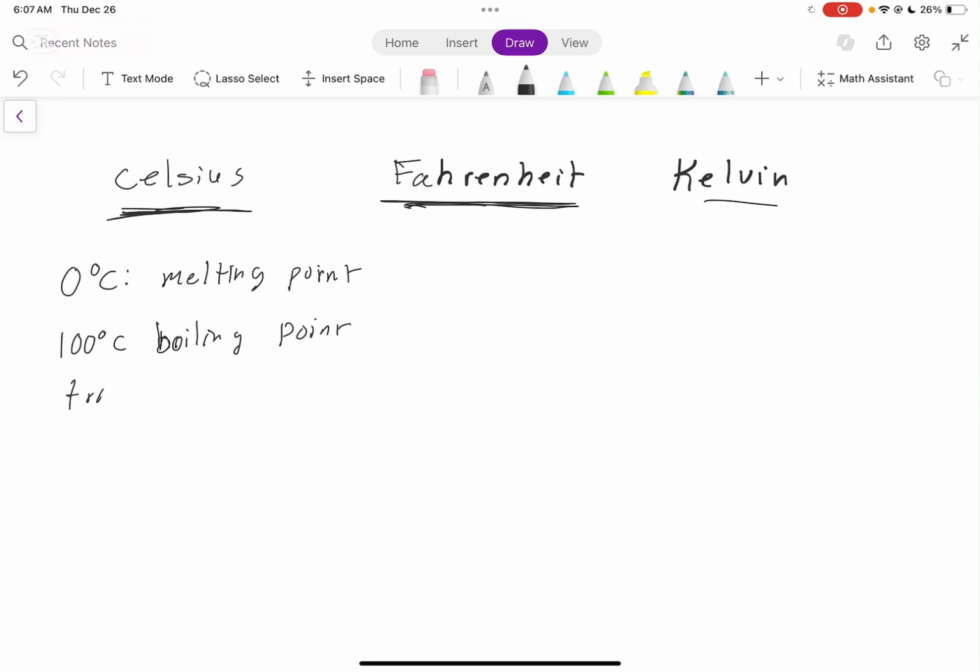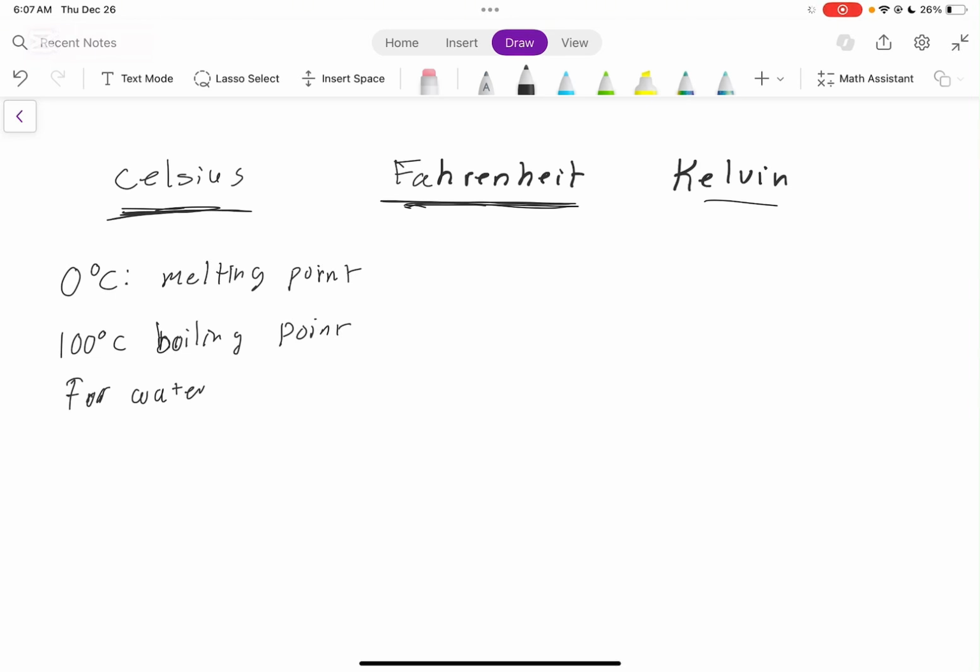Water is typically our basis for measurements when we're talking about boiling and melting points, because it really differs between the type of substance you have, but we're talking about water here.